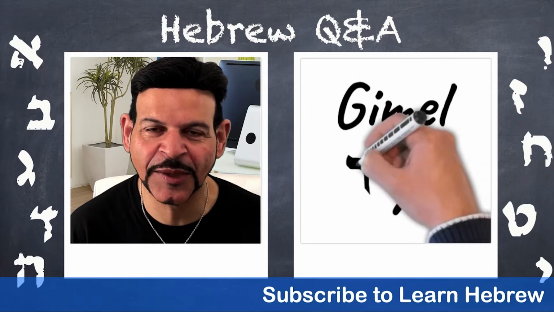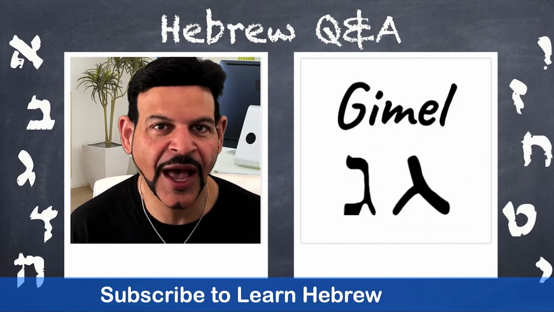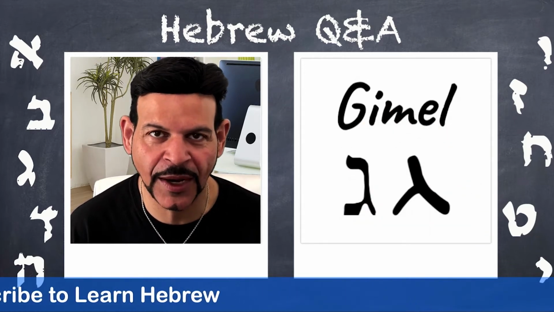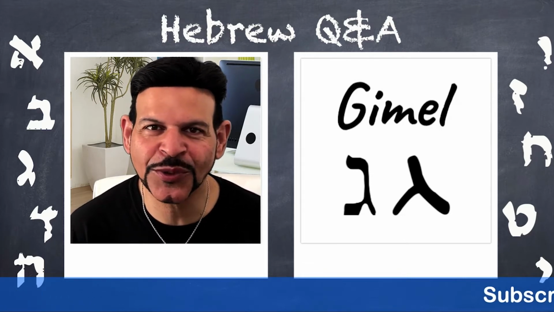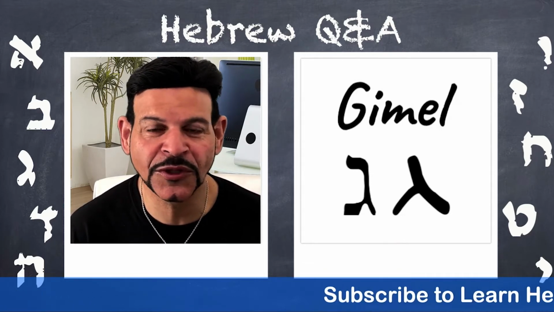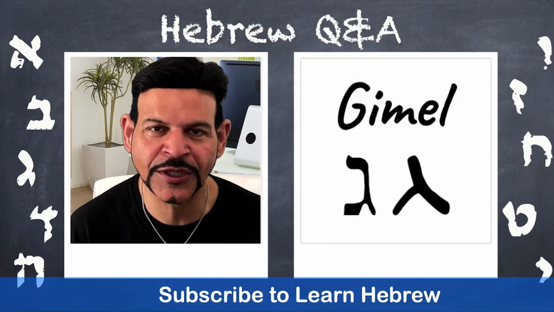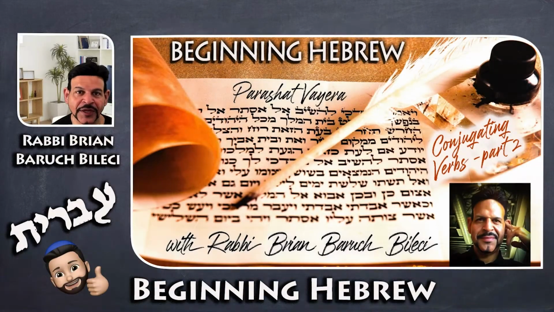In this case, in Hebrew, we have the ABG, the Aleph Beit Gimel. So we're grateful for these letters that are just the first three letters of Hebrew. There's 22 that we'll look at in the Hebrew language, and we're going to jump into a portion called Parashat Vayera. Why don't you try that?